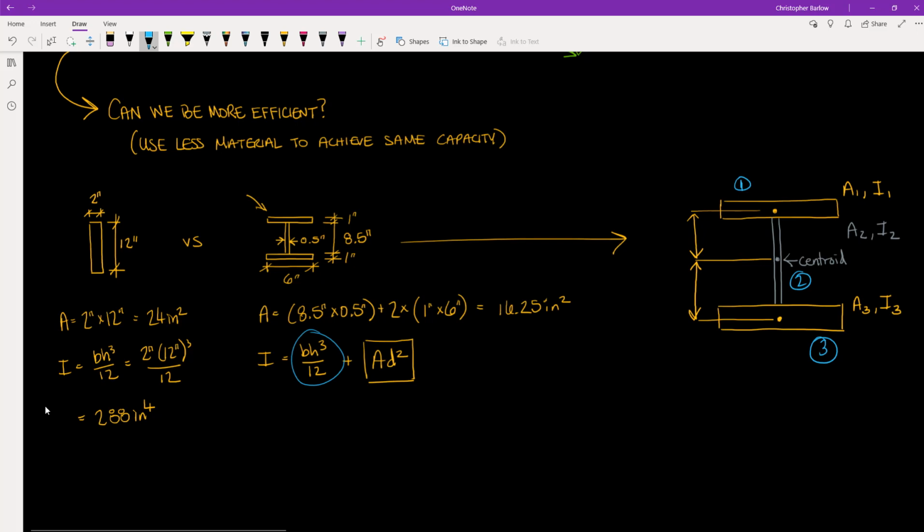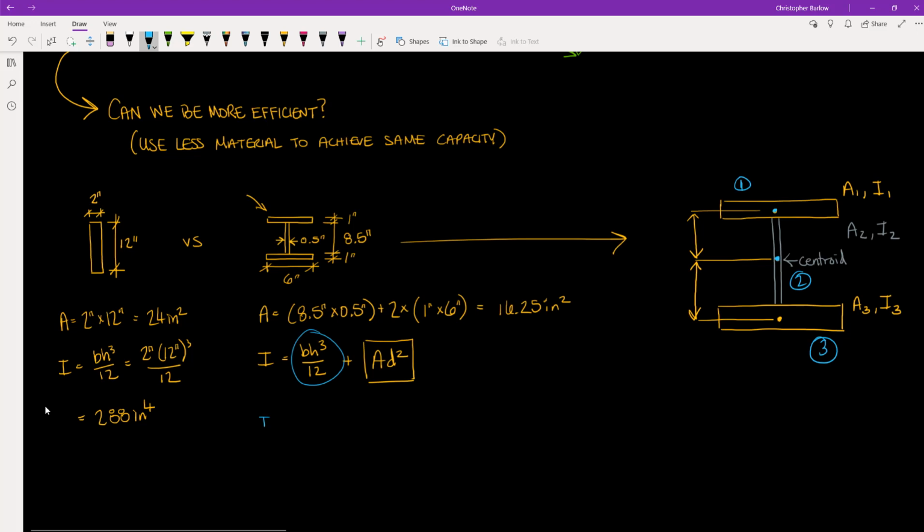But we want to consider the moment of inertia of the total section. The parallel axis theorem is what allows us to do so, by taking the area of each of these components and relating them to the total section by the distance from their individual centroids to the total section's centroid.